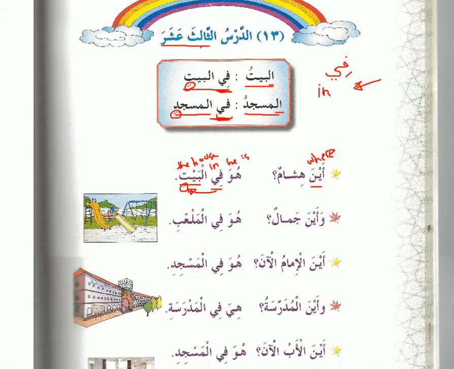That's why there's a kasra. In school, fil madrasati with a kasra at the end, right? Fil madrasati, fil masjidi, fil bayti, fil ghurfati. They have a kasra at the end because the fi likes the kasra.